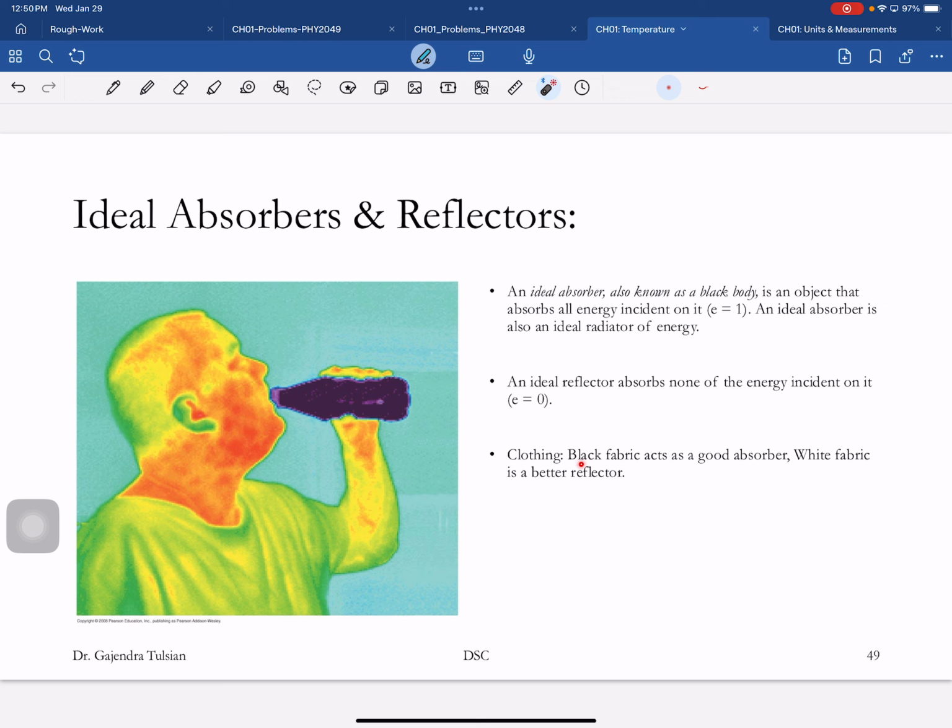So black fabrics act as a good absorber. Black fabrics have emissivity greater than white fabrics. So in the winter, you want to wear black clothing so you can absorb sunlight and feel warm. In the summer, you wear white clothing.